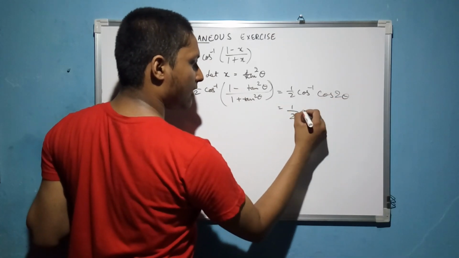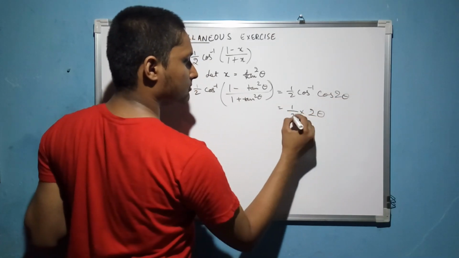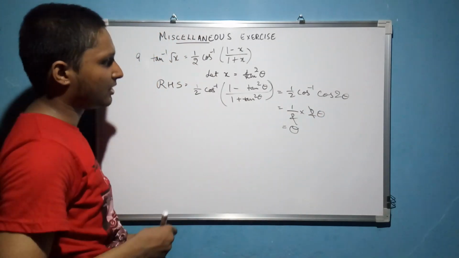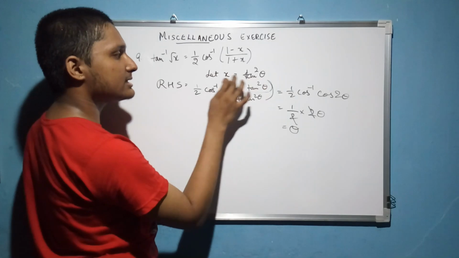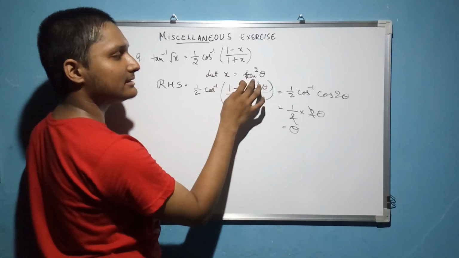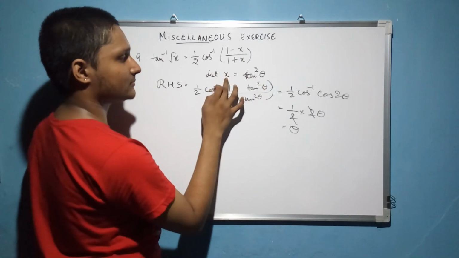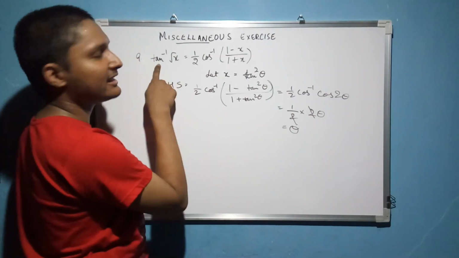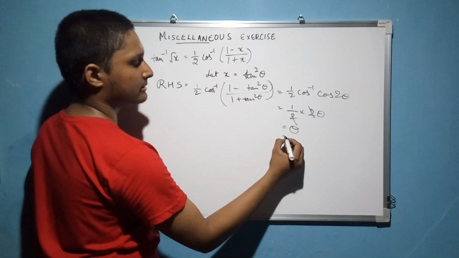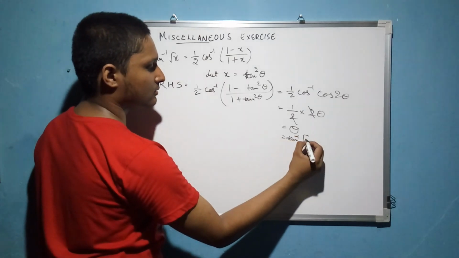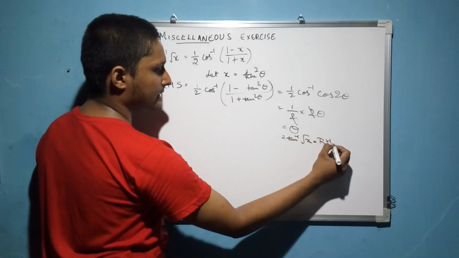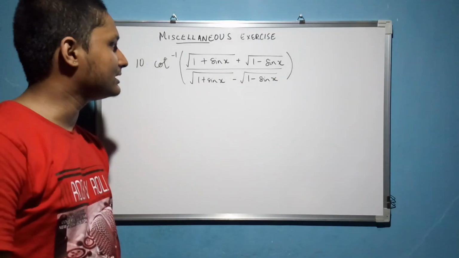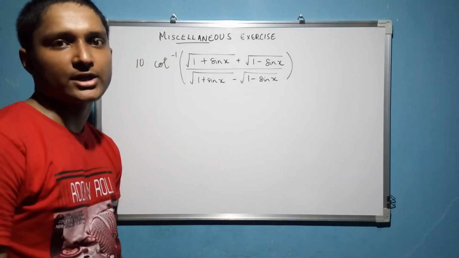Therefore it is half into 2 theta. 2 and 2 is going to get cancelled, you get theta. From substitution you can find out that tan square is equal to x, therefore tan theta is equal to root x, therefore theta comes to be tan inverse root x. Tan inverse root x, that is the right hand side. Okay, since there is no substitution extra over here, I can directly start with the simplification.